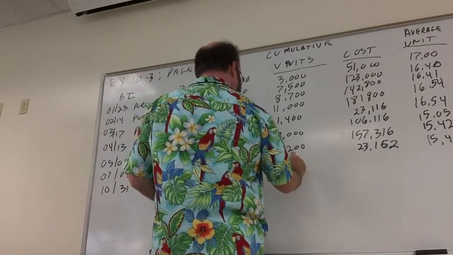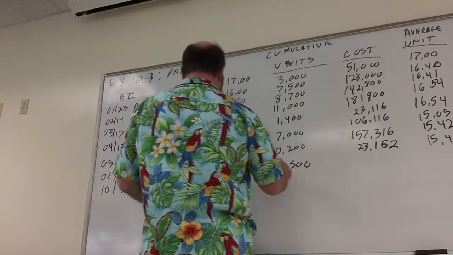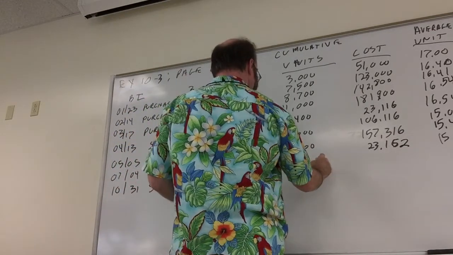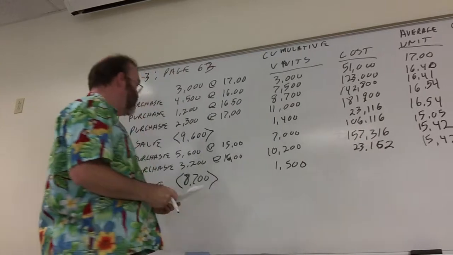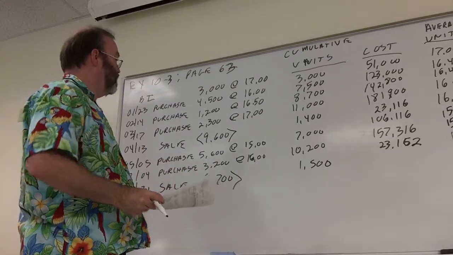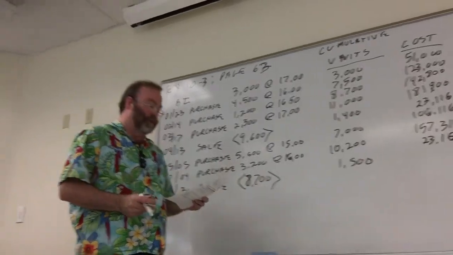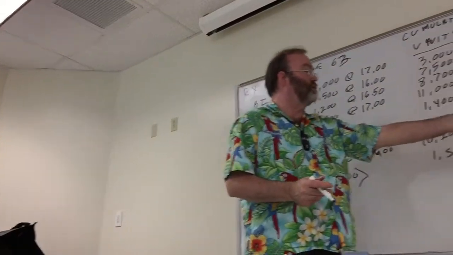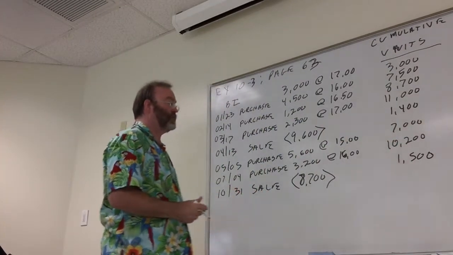Okay, and then we sold 700, so that's 1,500 remaining in inventory, or is it 2,500? 1,500. At the still average cost of $15.42 each.